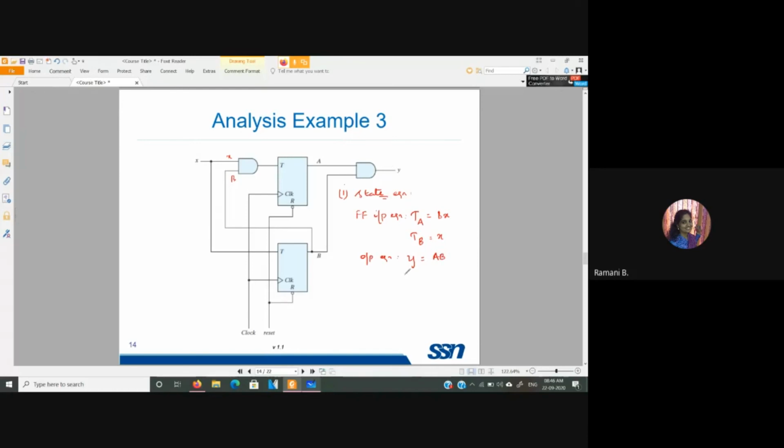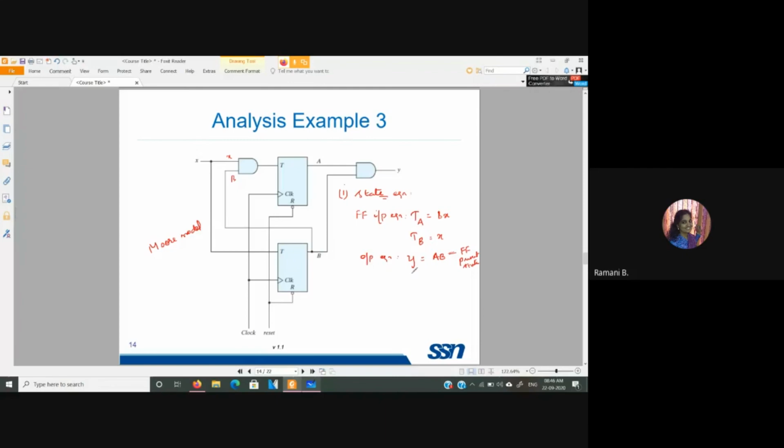Here the output depends only on the flip-flop present state. Such a circuit we call the Moore model. So the Moore model is one where the output depends only on the present state of the flip-flop.